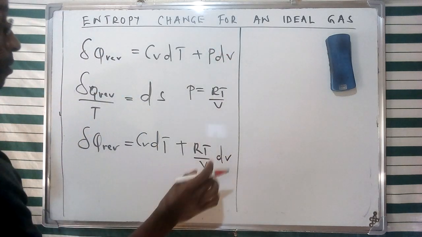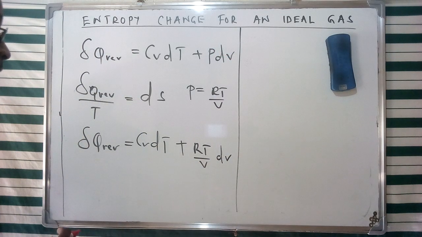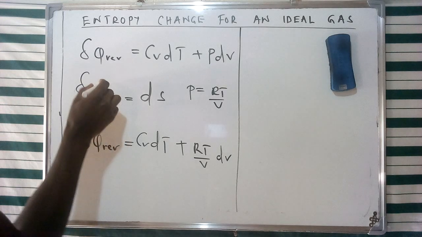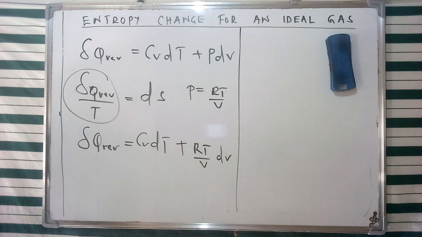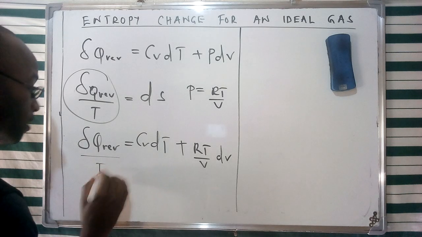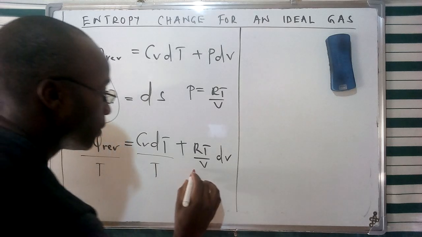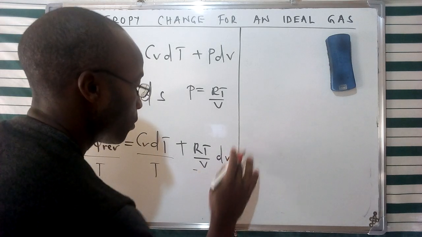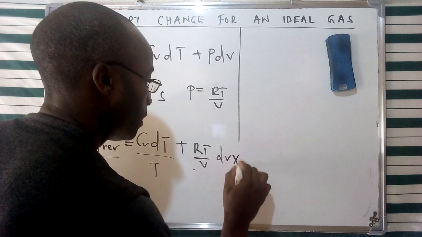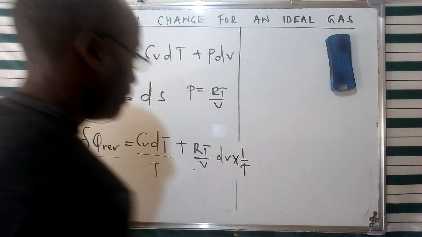This is a substitution for pressure. So for us to obtain this representation for entropy, we're going to divide this equation by T, so just to be elaborate, I'm going to have it times 1 over T.